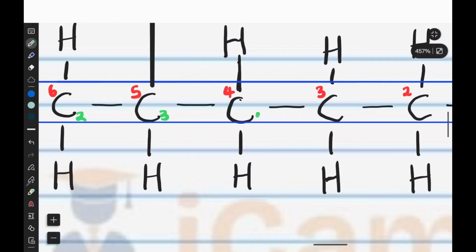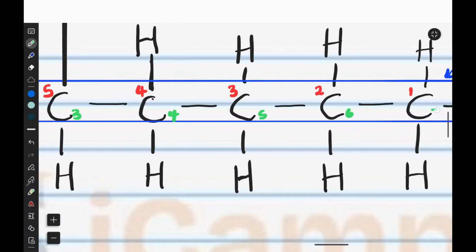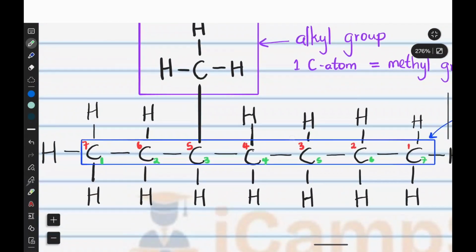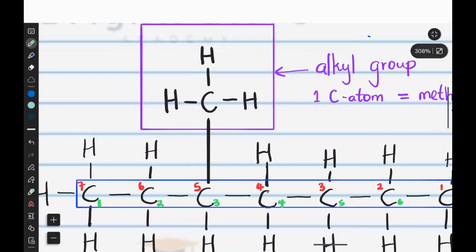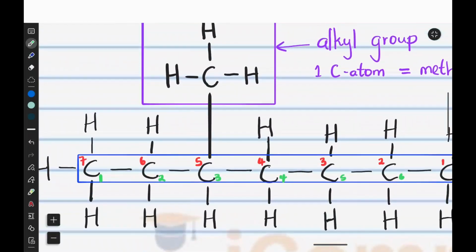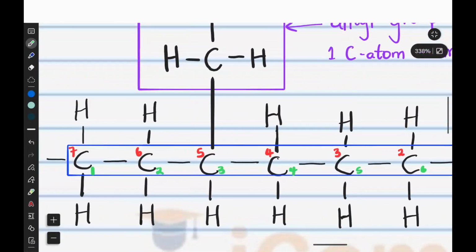So let's finish. Then we have 4, 5, 6, and 7. So what we're saying is you number from the side that will give your alkyl group the lowest position number, right? So the lowest position, I will get it if I number from left going to the right.